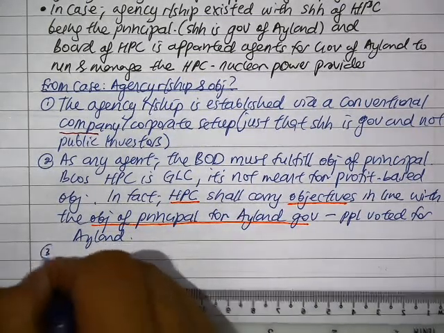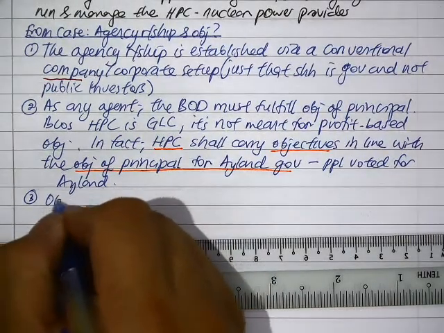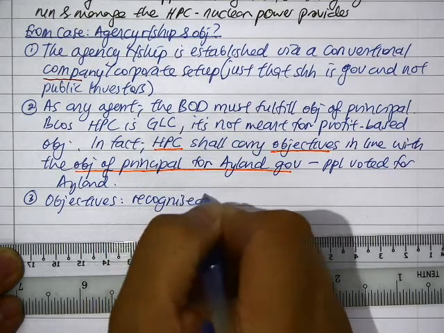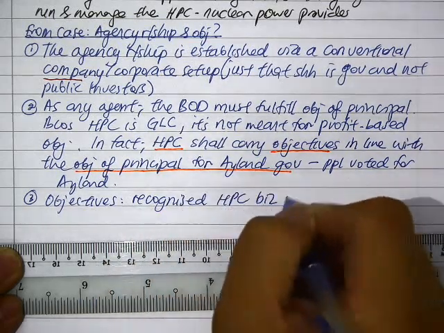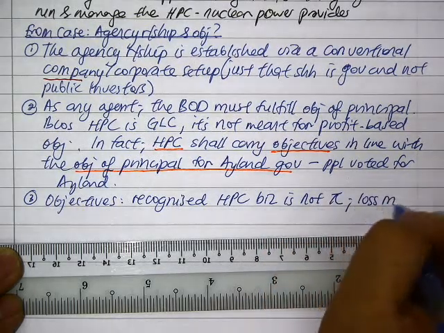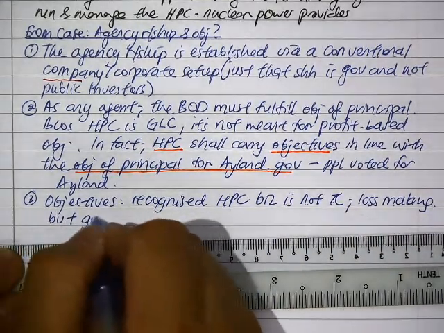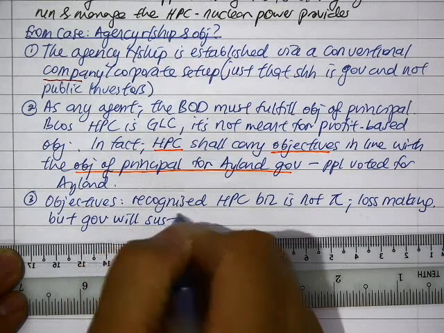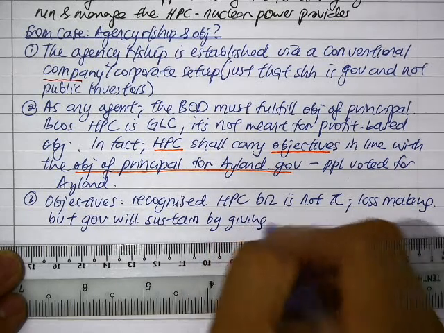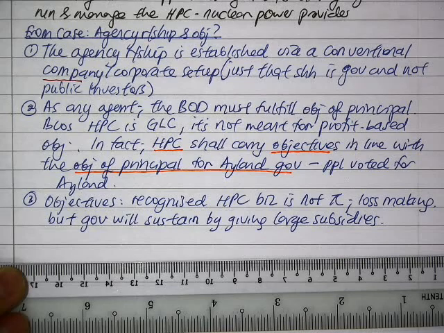Now, then what objective do we want here? So the objective is, we have recognized that HPC's business is not profitable. They already say it's loss making, but the government will sustain it by giving large subsidy.